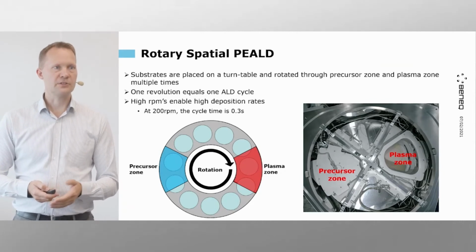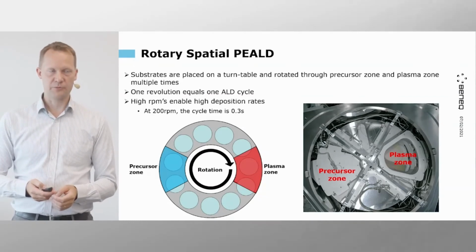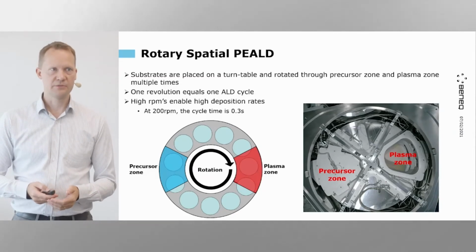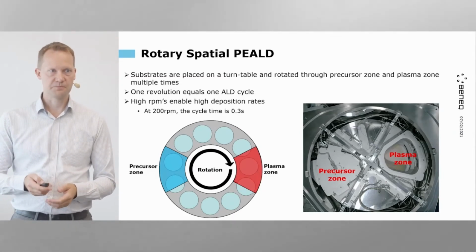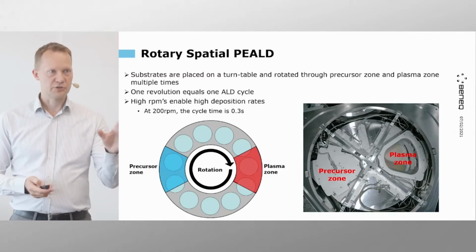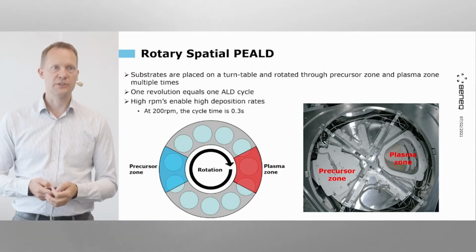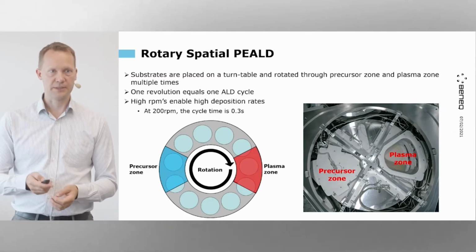So as an example, using 200 RPMs, the ALD cycle time, which is that pulse purge, will be completed in 300 milliseconds. So here on the left side is the schematical drawing of this, and on the right side you see the actual image of a Beneq C2R system where this is happening.